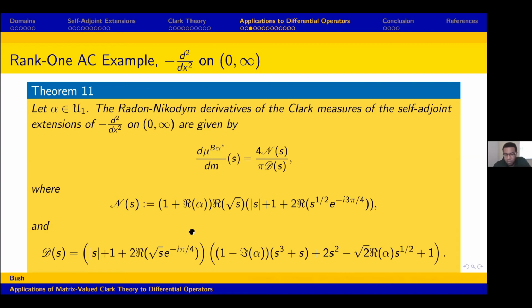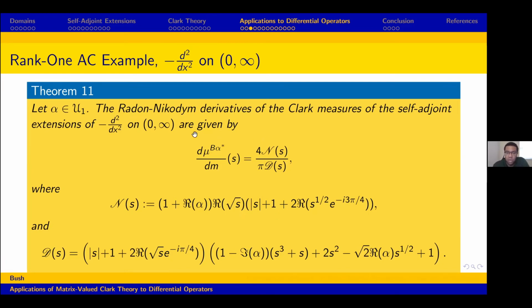And the thing I want to point out is if you look at this, this real part of root S is actually one of the most important things going on here, because it has the property that it is going to be 0 for negative S, since the root of a negative number is purely imaginary, and we're going to get positive quantities for S greater than 0.